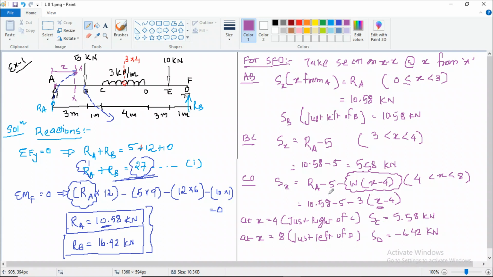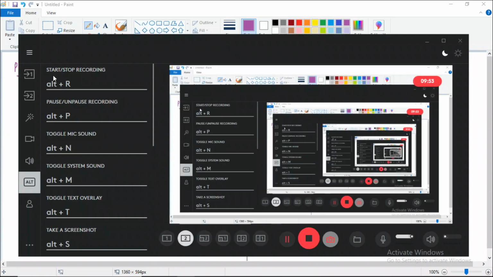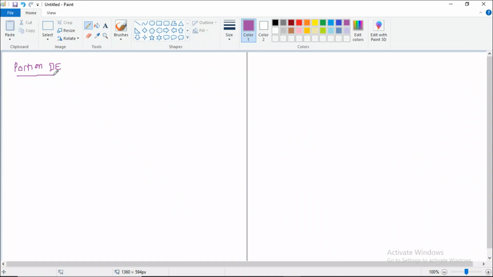Now let us move to the next portion, that is portion DE. Here in portion DE, your range will be between 8 and 11, so 8 is less than x less than 11.